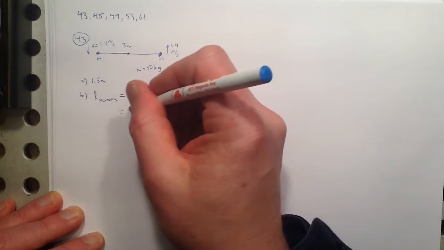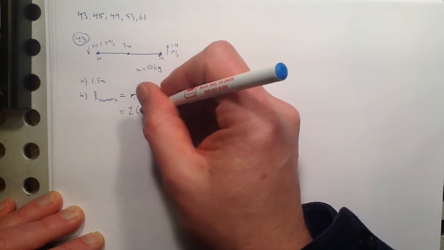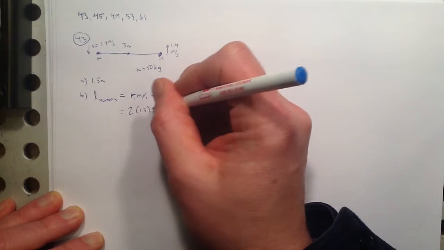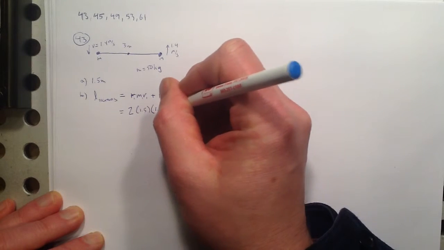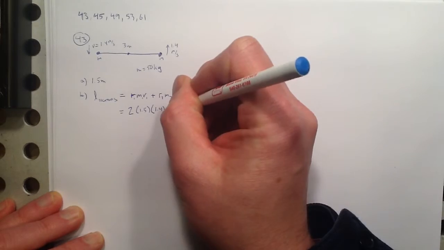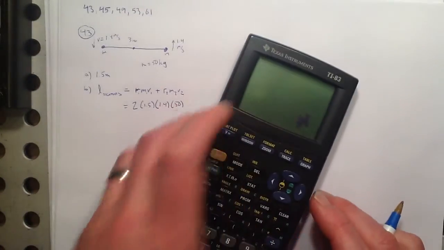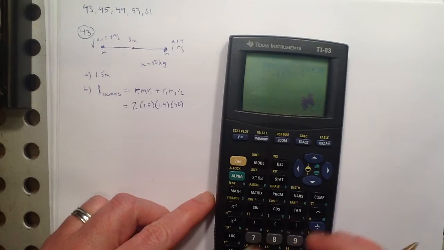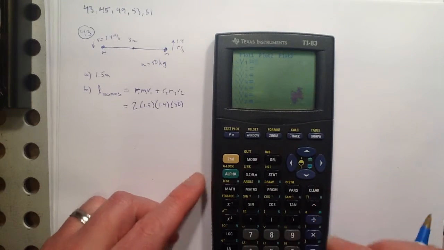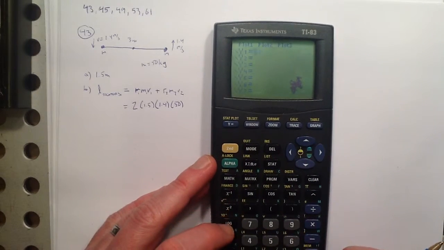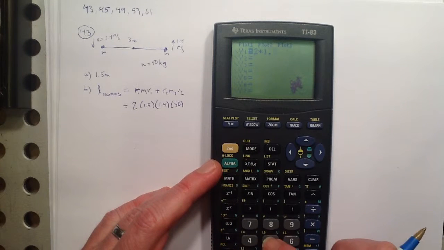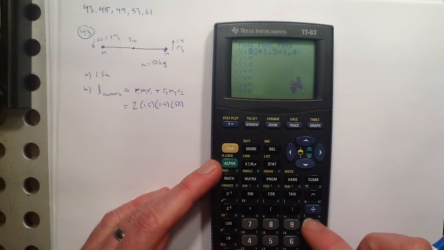So that's 2 times the radius of the circle times the velocity times the mass of the skaters, which is 2 times 1.5 times 1.4 times 50.